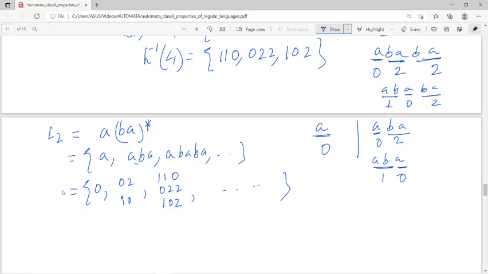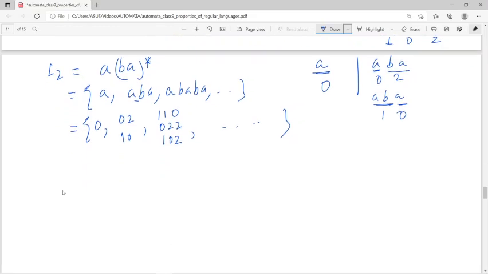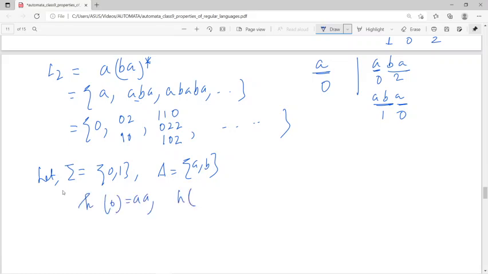And for another example to make it more clear, let us take sigma equals 0 1, and this is nothing but a and b, and we are defining h such that h0 is equal to aa, h1 should be aba, that is defined.